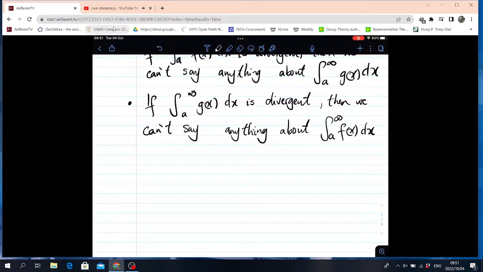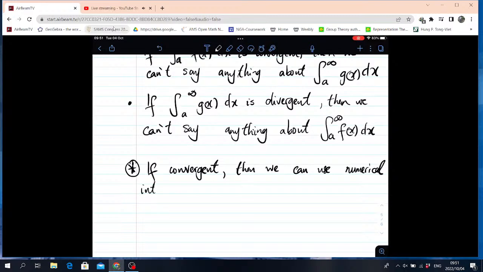So something to just note is that if we use the comparison test and we find out that the function is convergent, then we can use numerical integration. I think it's in WTW 123 where they do numerical integration to approximate the integral.